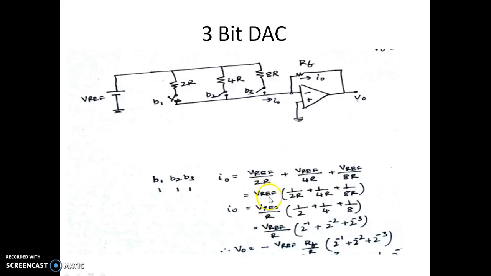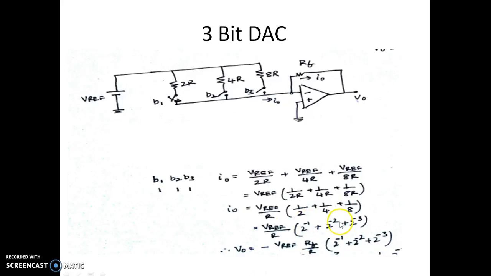So I0 can be written by taking V reference outside as V reference times 1 over 2R plus 1 over 4R plus 1 over 8R. You can further write this by taking R as a common factor as V reference by R times 1 by 2 plus 1 by 4 plus 1 by 8.